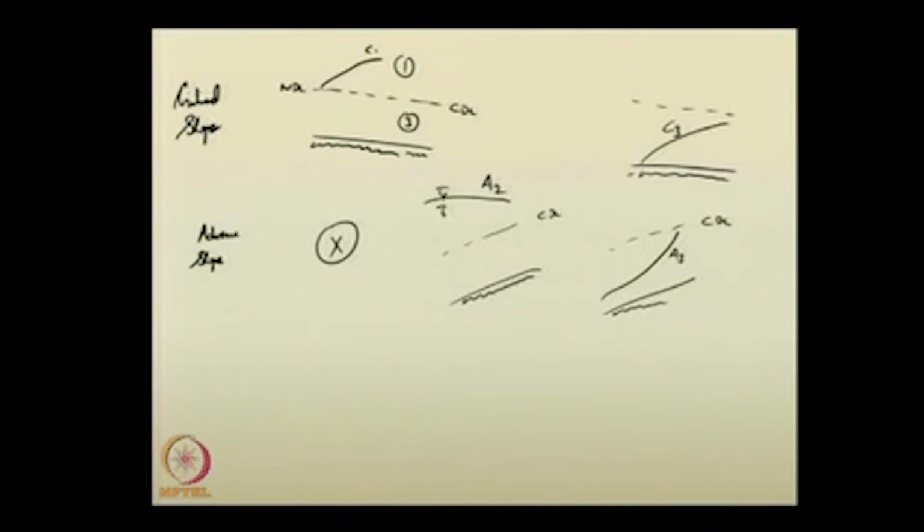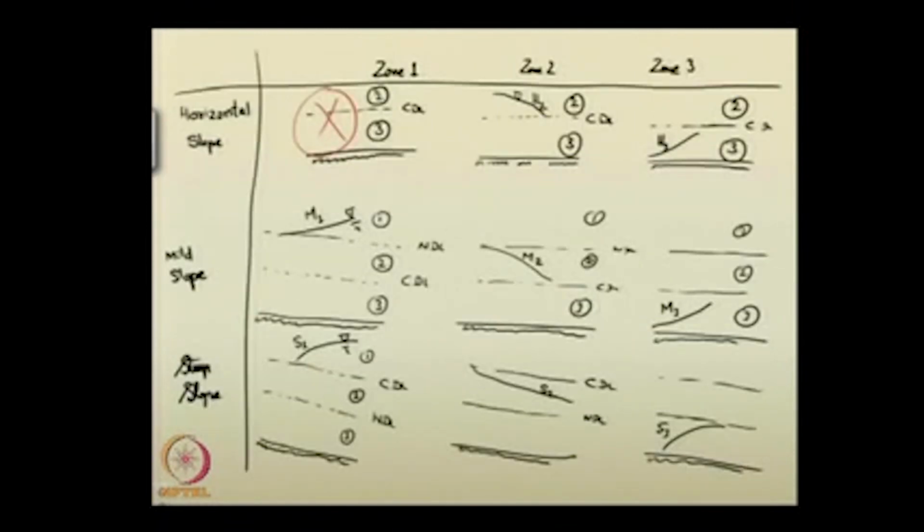So, these are the classifications of gradually varied flow profiles. So, what are the theoretical possible things? You can have H2 and H3 for the horizontally sloped channels. You can have M1 profile, M2 profile and M3 profile for the mild slope channels.